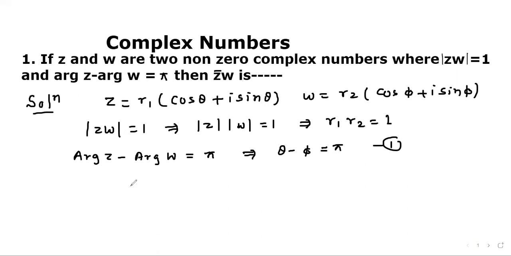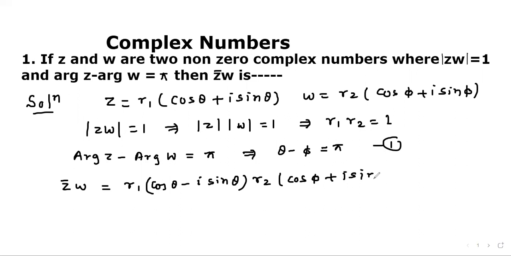Now we consider Z bar W. So Z bar means R1 times cos theta minus iota sine theta, times R2 times cos phi plus iota times sine phi. R1 R2 equal to 1. So we will be left with cos theta minus iota sine theta times cos phi plus iota sine phi.